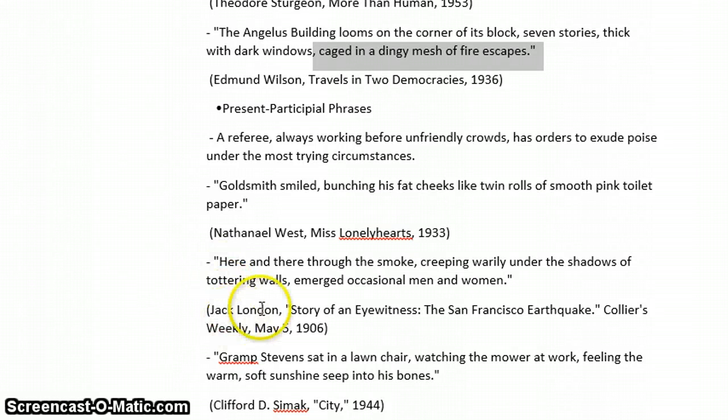As we roll on, let's go ahead and look down here. Let's look at a Jack London piece. "Here and there, through the smoke, creeping warily under the shadows of tottering walls, emerged occasional men and women." Okay. Now this is an interesting sentence because we've got the inversion of subject and verb here, as well as the interjection of a participial phrase. The present participial phrase is that of creeping warily under the shadows of tottering walls.